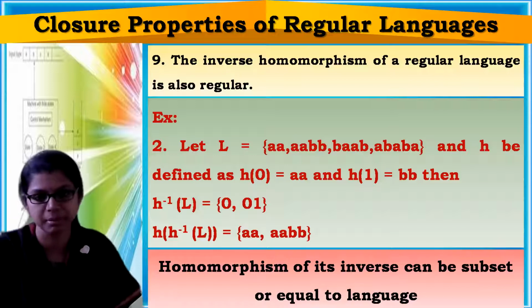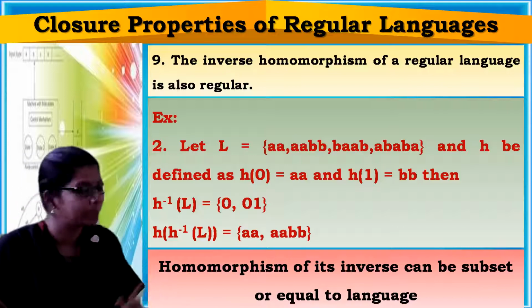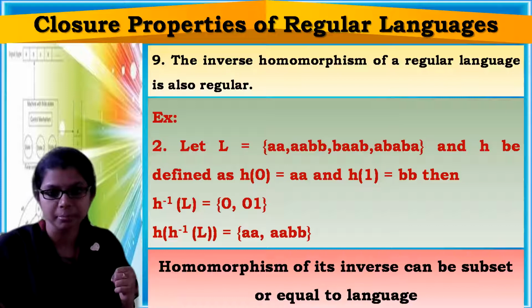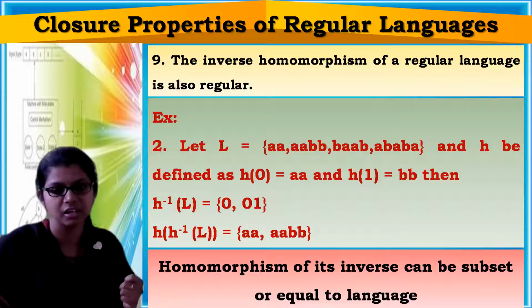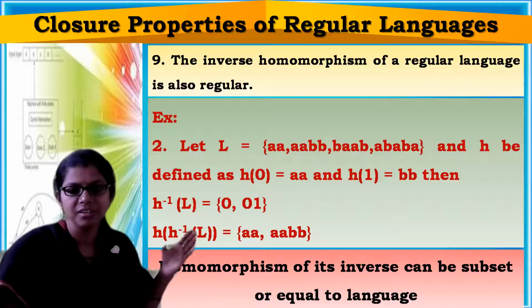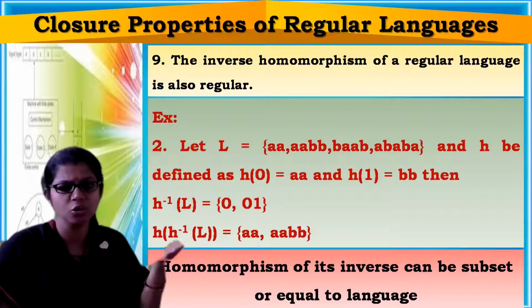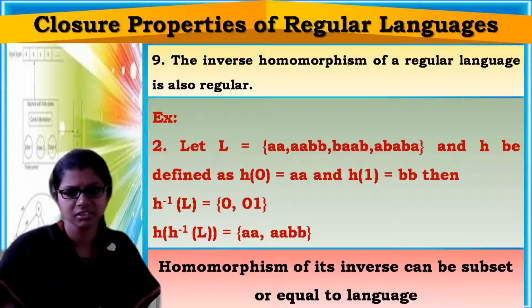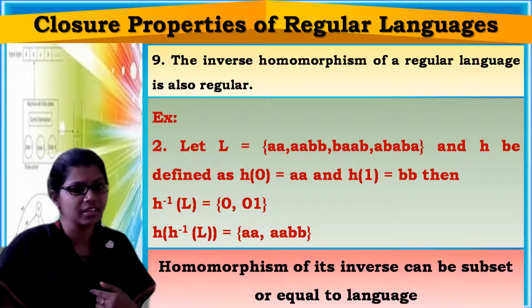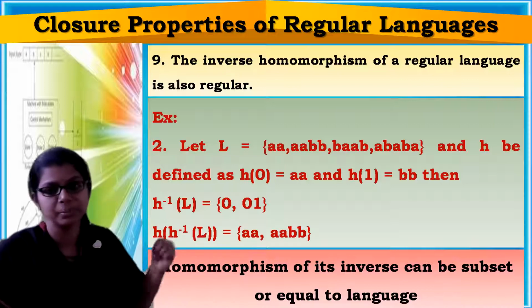Next AABB: AA means 0, BB means 1. Next BAAB. For this BAAB you don't have any homomorphism function, right? So you can't write any string for BAAB.